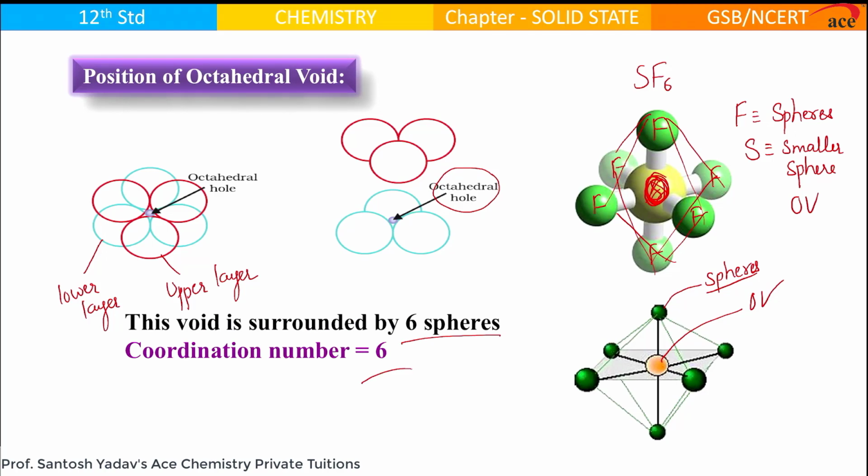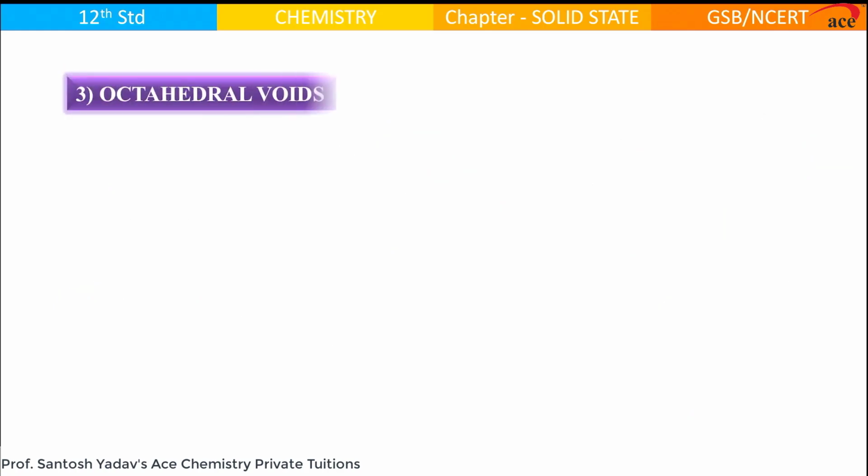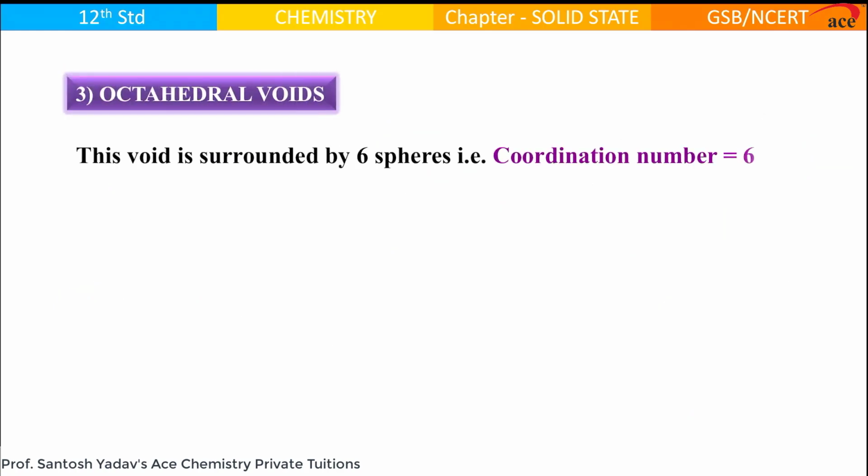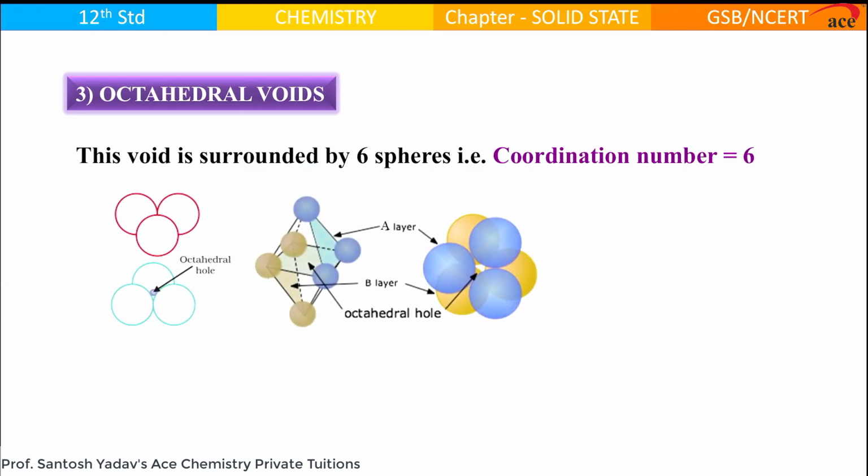If you want to recall, trigonal void coordination number was 3, tetrahedral void coordination number was 4, octahedral void coordination number is 6. More about octahedral void: it is surrounded by 6 spheres, coordination number is 6. This is how it looks as a colored diagram, octahedral void.